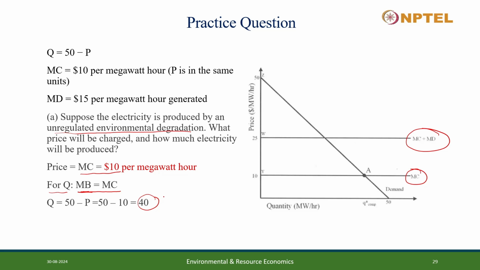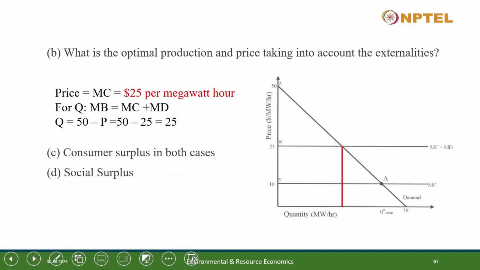So this is for case 1. Now next part, when we have to pay for the externalities, then we get Q2 equal to 25.